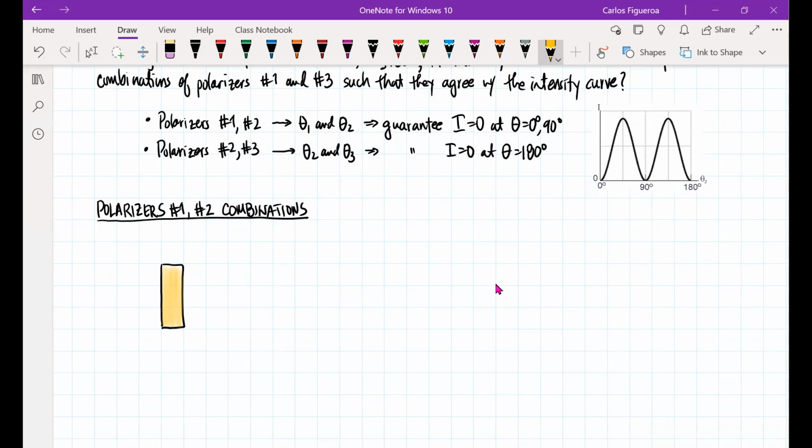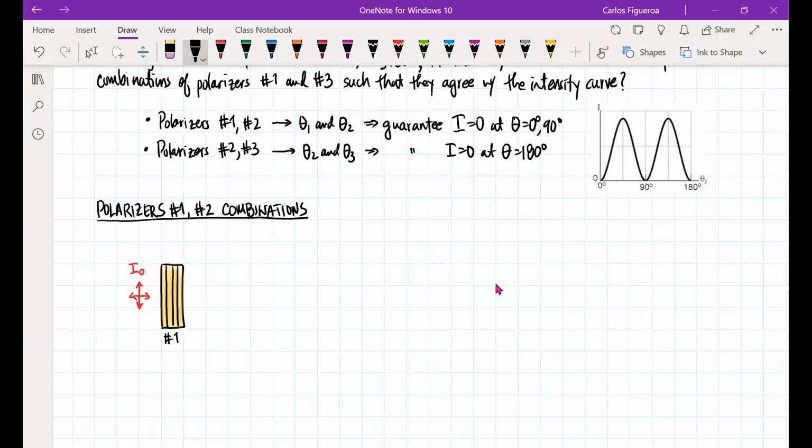One combination is that I can make this a vertical polarizer, and this is going to be number 1. I have unpolarized light coming in with initial intensity I naught.